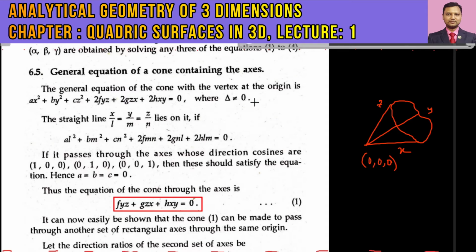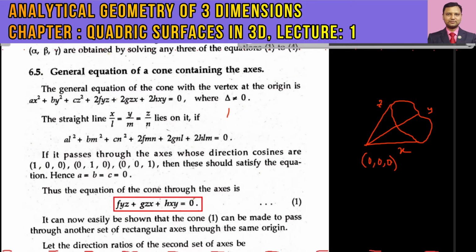If you consider the generator, then the generator must look like this, a straight line passing through the origin: x by l is equal to y by m, that is equal to z by n. And all the points on this generator must lie on this surface. What are the points on this generator?